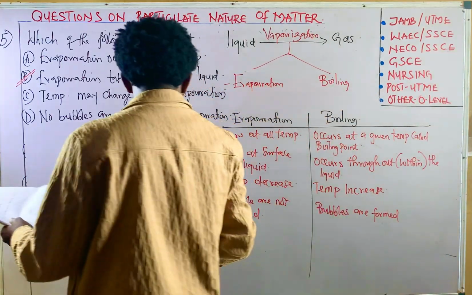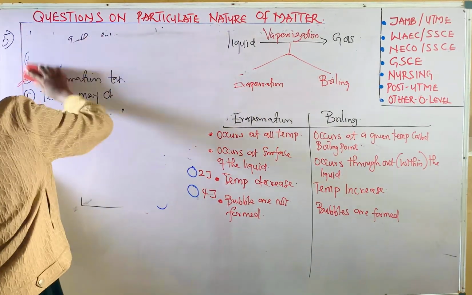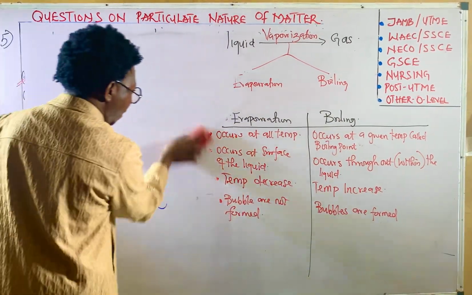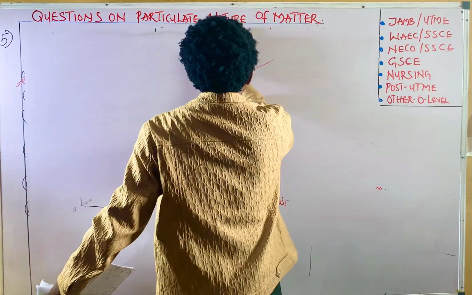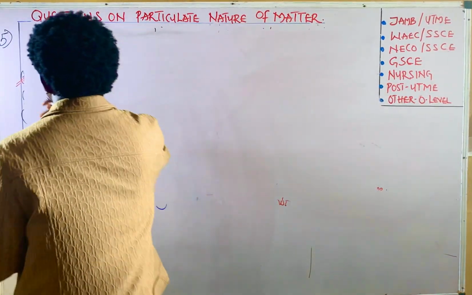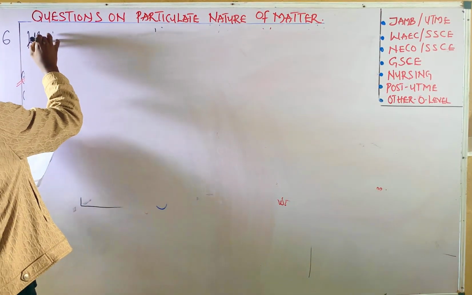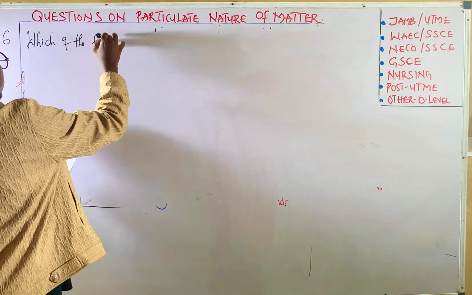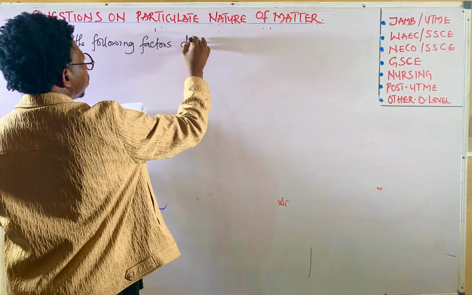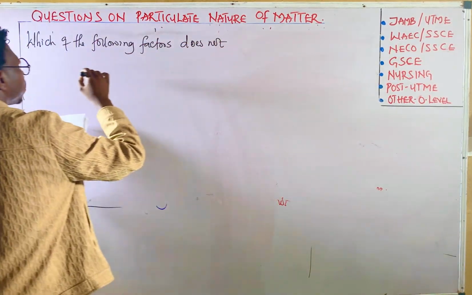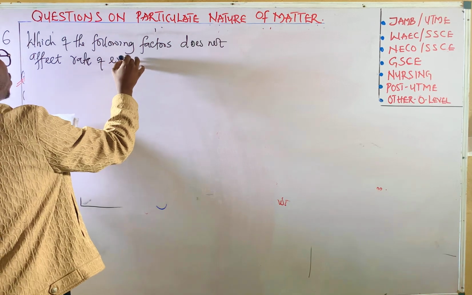All right. So the next question is question number 6. Which of the following factors does not affect the rate of evaporation?